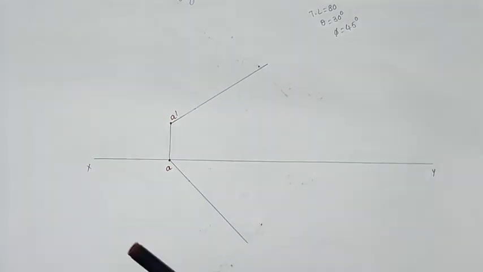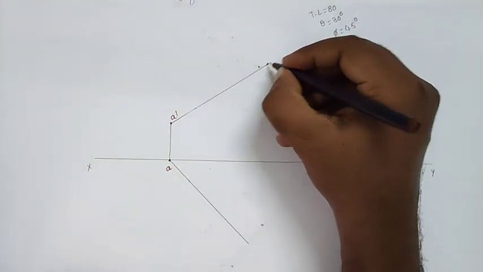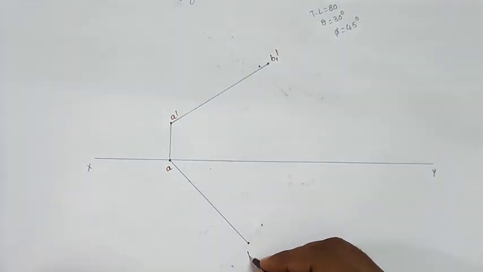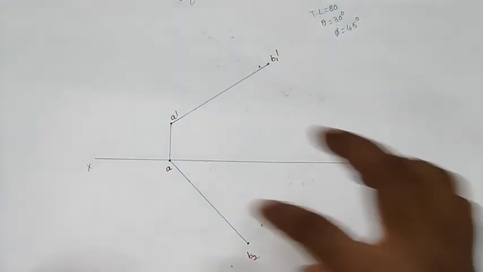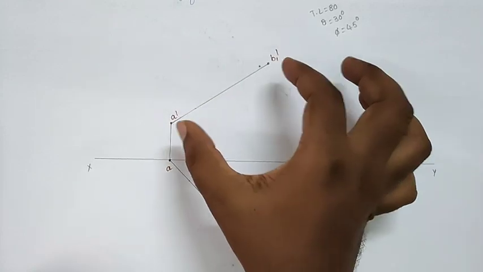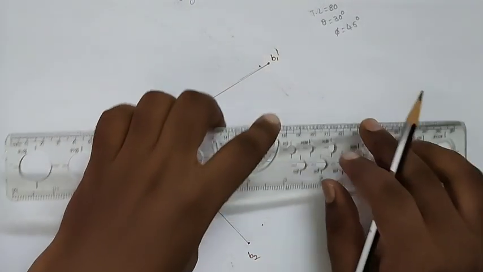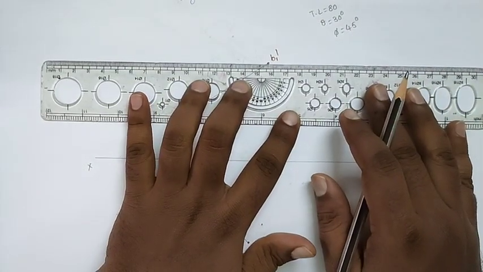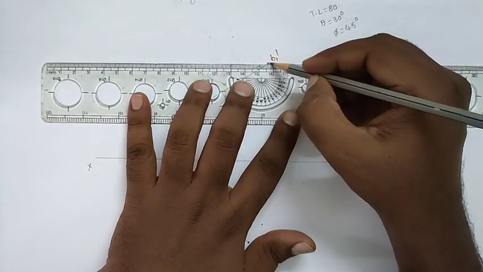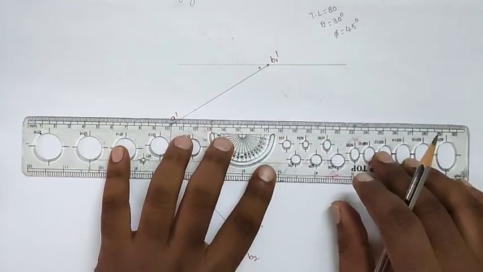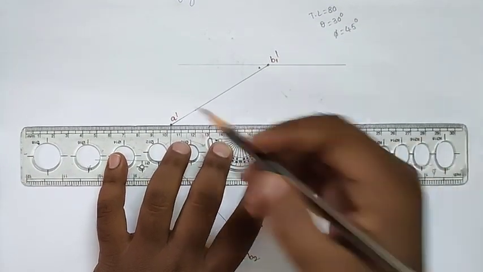So here I am locating the points: this point I am taking as B1 dash and this point as B2. So AB2 is the true length of the line and also A dash B1 dash is the true length of the line. Now from the points we will draw the horizontal lines.